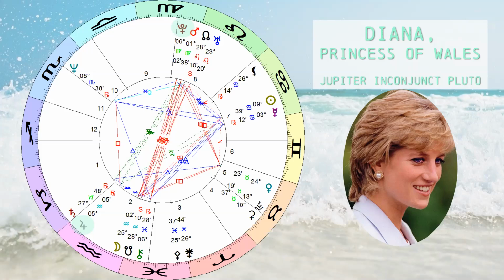So a lot of evolutionary tension in these charts, a lot of possibilities, potentials for change, bringing about things that are quite metamorphic, as all these figures did. Carl Jung, Princess Diana, and so on.